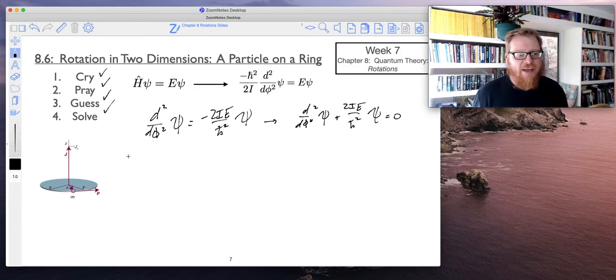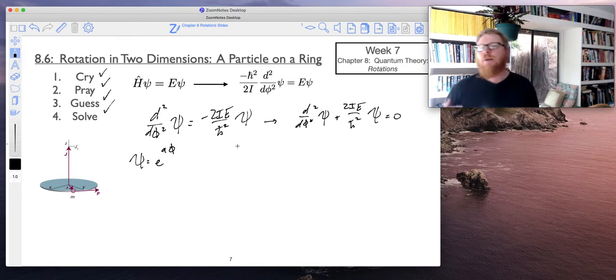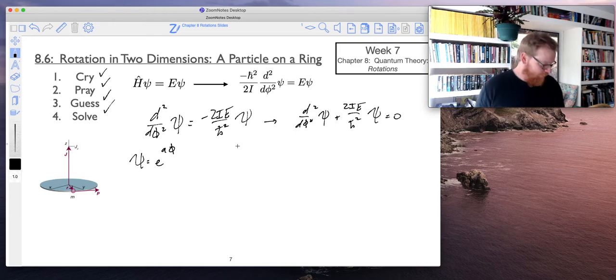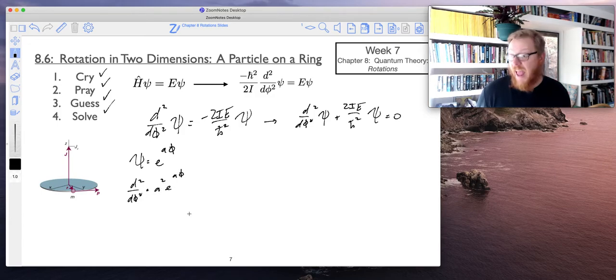We're going to guess that psi equals e to the a phi. I know it's tempting to say e to the ax, but remember phi is our variable. Now I'll go very quickly to the second derivative directly. We know that's going to be a squared e to the a phi, so this is all looking very familiar.